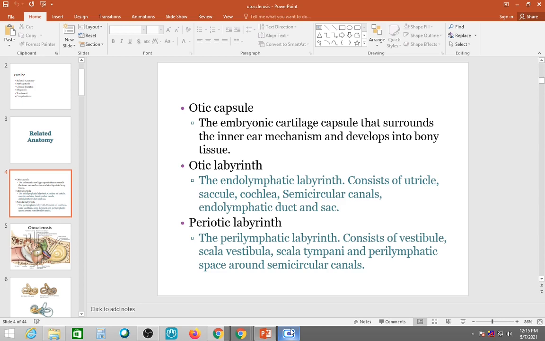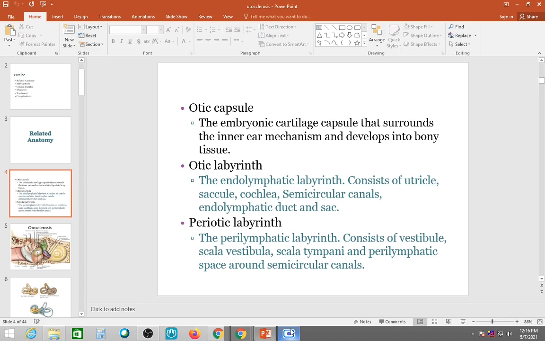And the second is the otic labyrinth. The labyrinth includes the utricle, saccule, cochlea, semicircular canal, endolymphatic duct, and sac. Then the periotic labyrinth, the perilymphatic labyrinth. You have seen from the pictures, one is the perilymph and one is the endolymph.